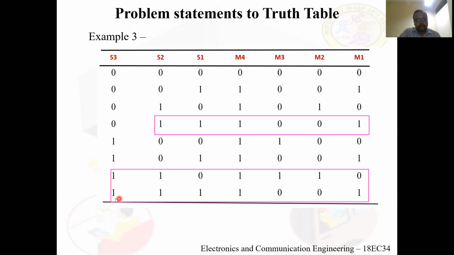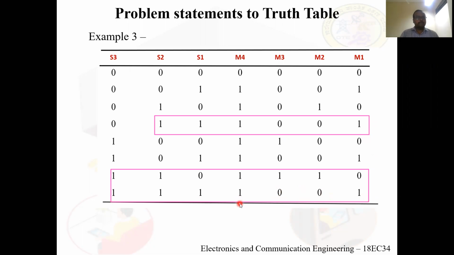Now in the last condition, we have materials on all three conveyor belts. Since we have material on S1, and what was the condition? It says if there is any material in the first source, the M2 and M3 electric motors need to be turned off, and only the electric motor M1 needs to be turned on. Since there is material here, the M4 needs to be turned on.